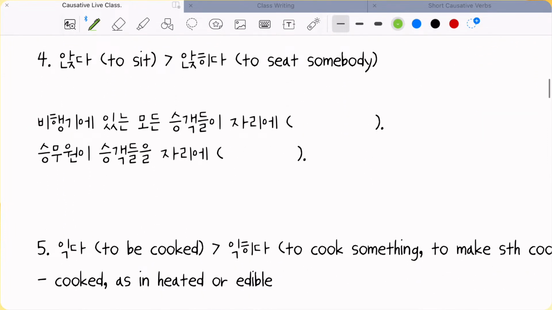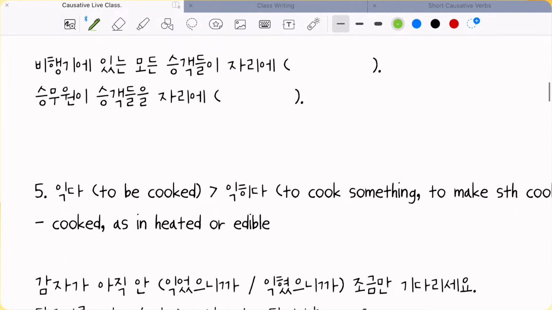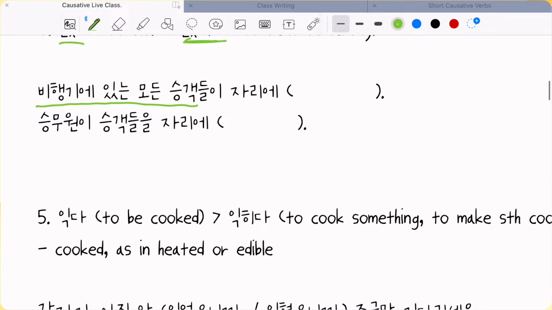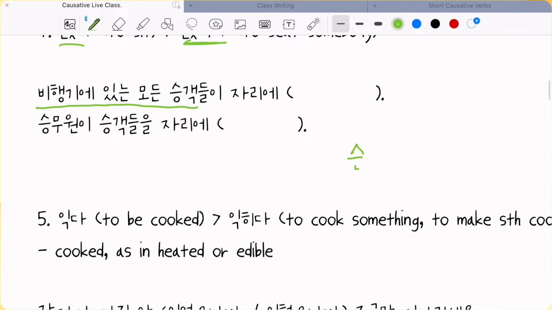앉다. It's also a transitive verb that means for someone to sit down. Sit down. And 앉히다 would be to have someone sit down. So to seat somebody down. 그러면 비행기에 있는 모든 승객들. So to break down 승객, 승 means to ride.